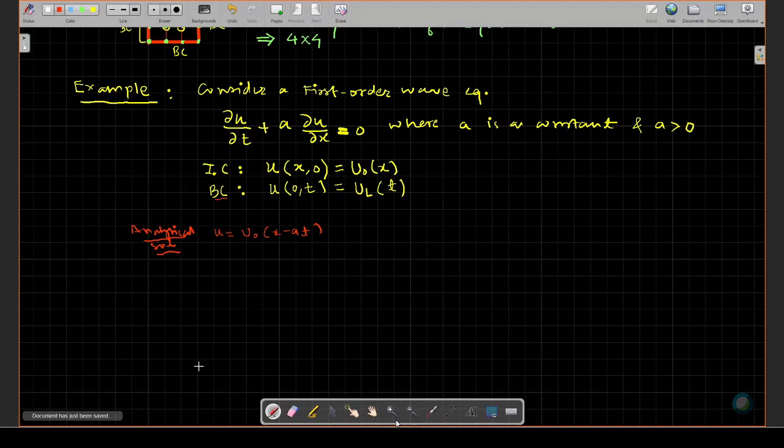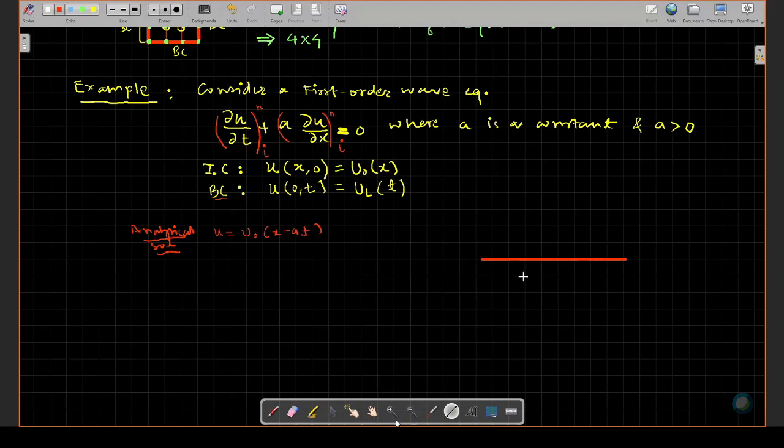So we would like to discretize this along x and time also. How do you do it? We need to consider a stencil.